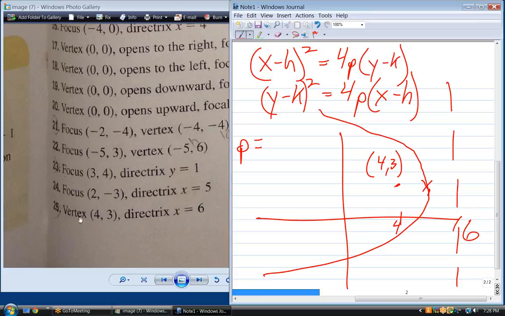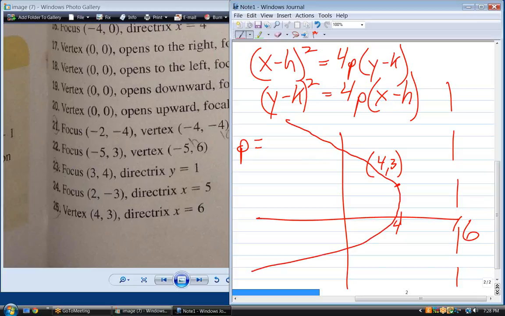Well, what they gave us was the vertex. Oh, excuse me. I apologize totally. For some reason, I was thinking they gave us the focus. That was problem 23. Yeah, you're absolutely right. The vertex is 4, 3. And if the directrix is at x equals 6, then this P is 2.